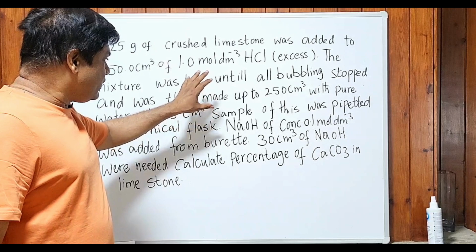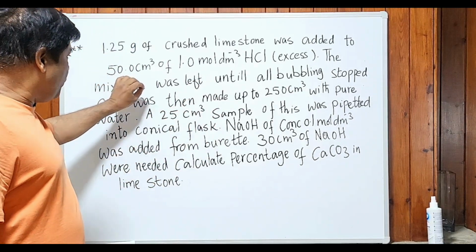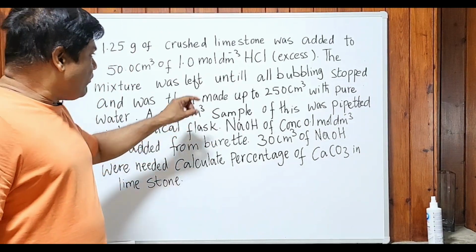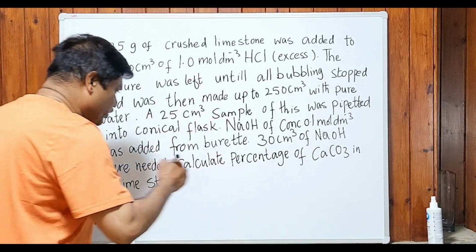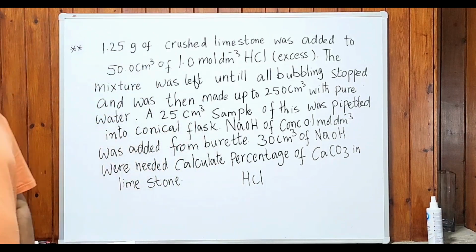Here, in this type of back titration, we are using excess HCl. When you use excess HCl, look at that, HCl is in excess.